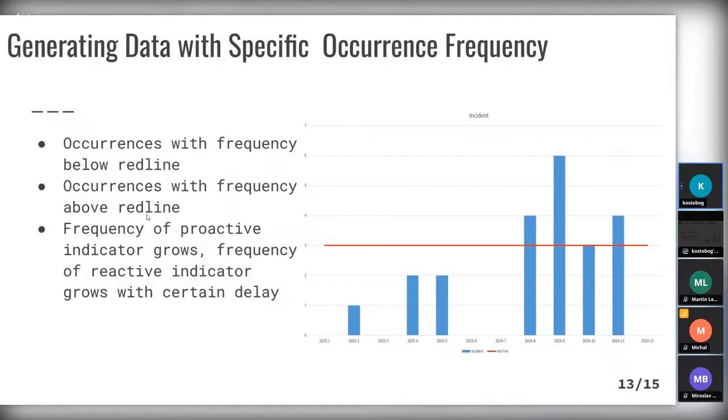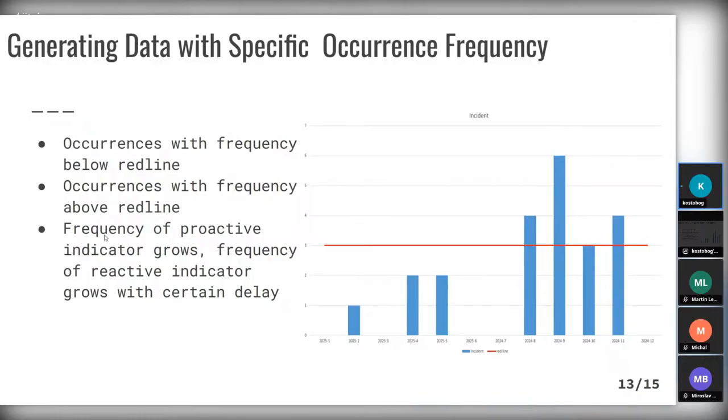And that is, I want to create these reports with certain frequency so that I can change the frequency so that we can demonstrate in the data that we have some periods where the indicator is doing okay, and then at some periods the indicator is being breached. So the red line is being breached.